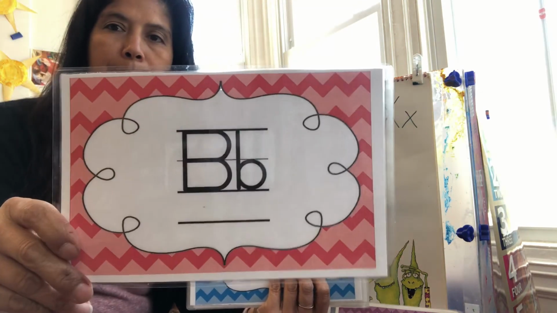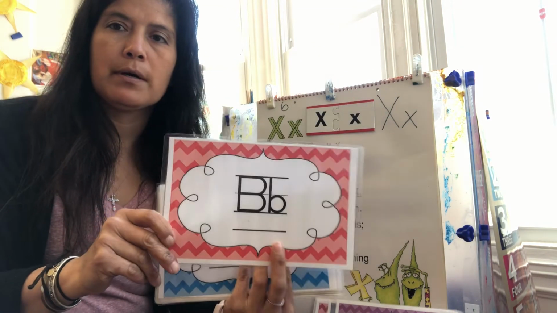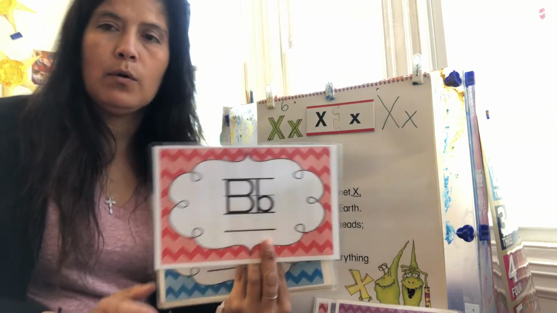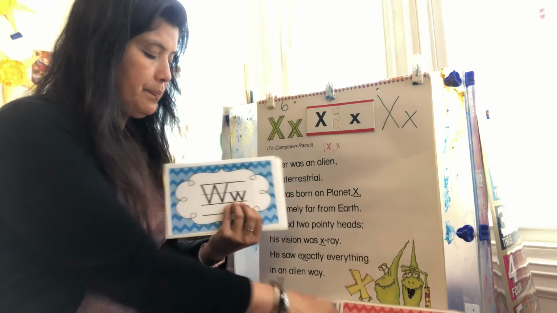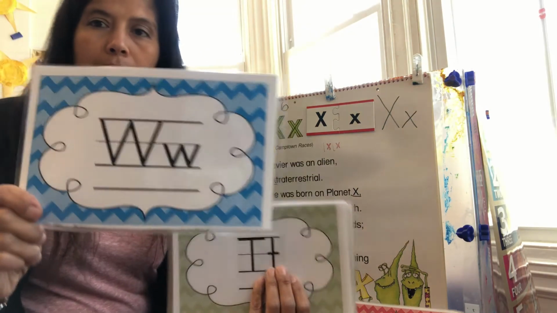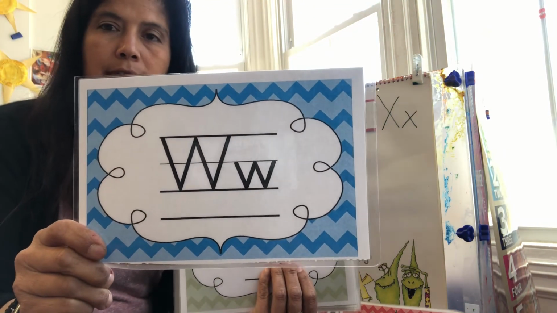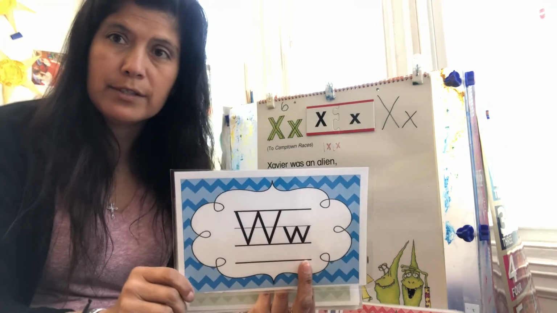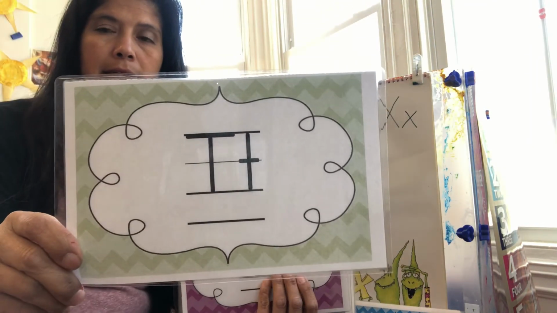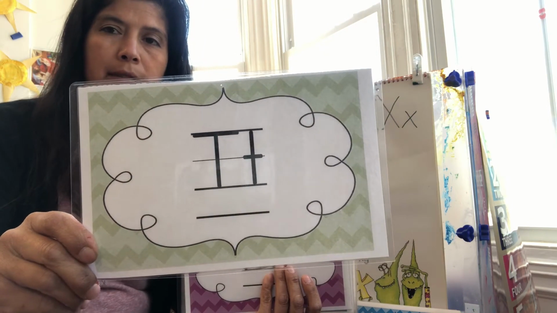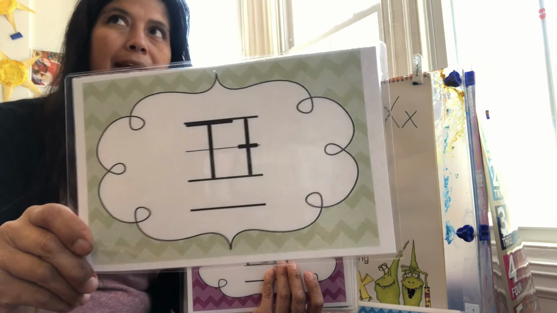We have our letter B, B for baby or what? Bounce. We have our letter W, W for walrus or water. We have our letter T, T for top or train.